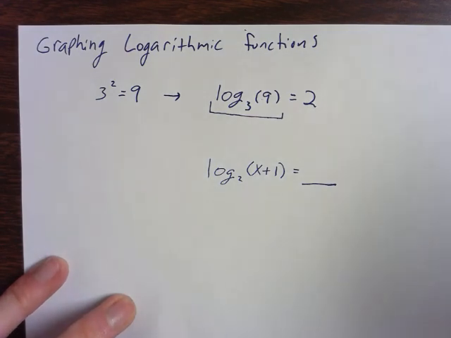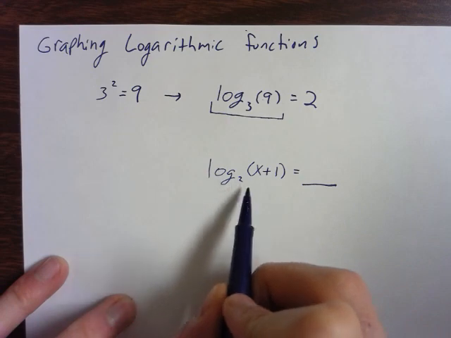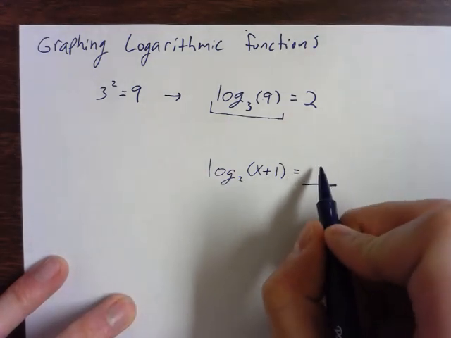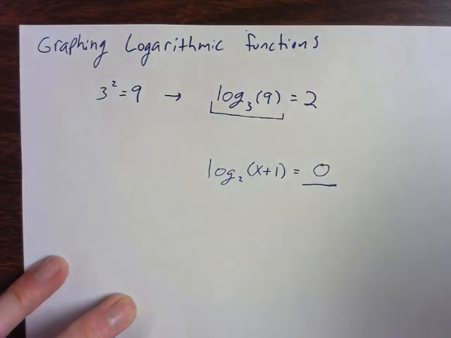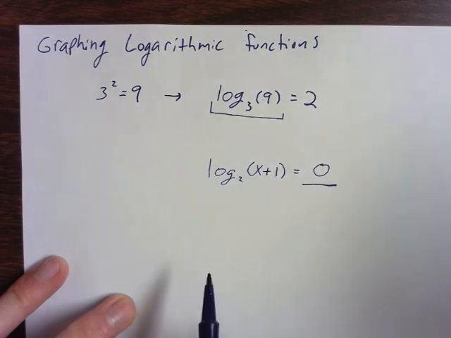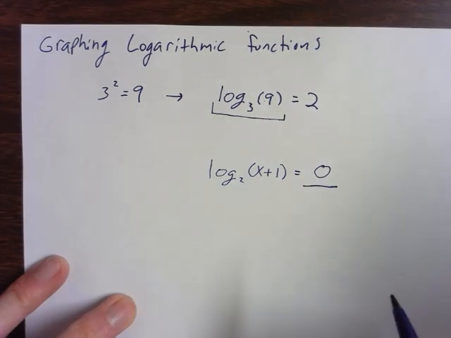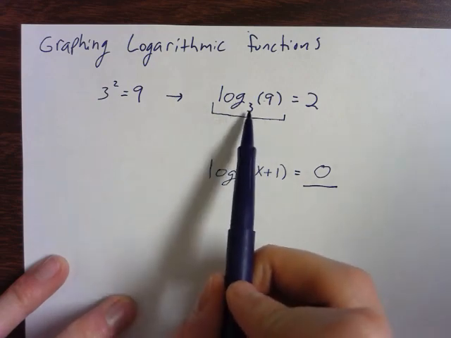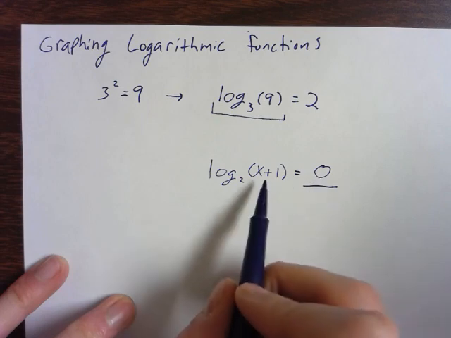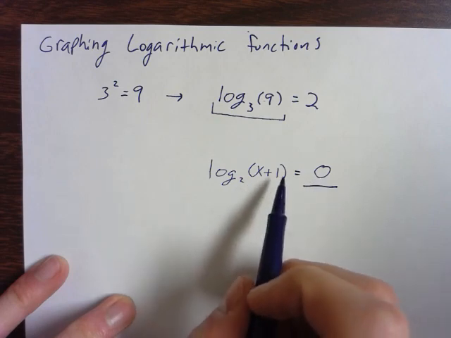So if I have log base 2 of x plus 1, I can say it equals 0, because 2 to the 0 power is 1. Anything to the 0 power is 1. Here 3 to the second power is 9, and 2 to the 0 power is going to be 1, but x plus 1 is there.